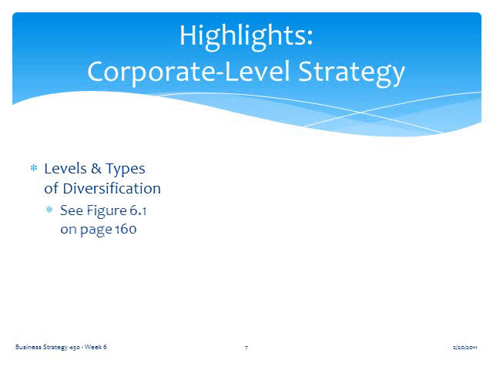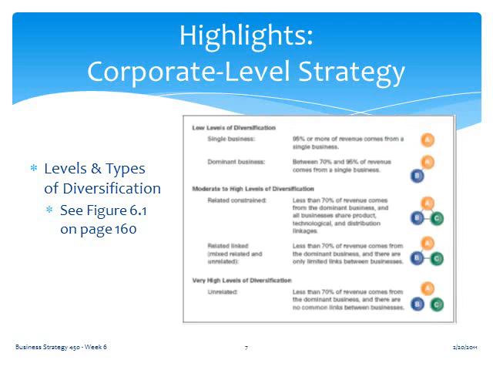In order to understand the levels and types of diversification, and again, in an effort to be focused on highlights here, I won't go through this in extraordinary detail, but you should look at figure 6.1 on page 160.